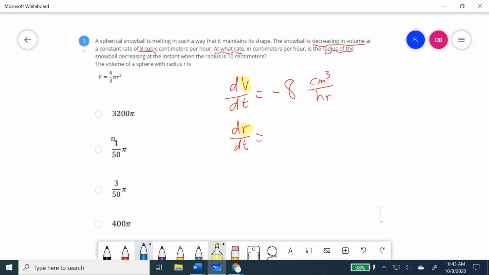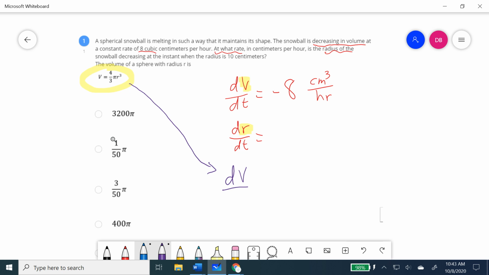Look at any rates of change given. Look at the rate of change you're being asked for. Make sure you have a formula that brings them together and doesn't bring in any extra variables changing, and then you're ready. I'm going to take the derivative of that volume formula.